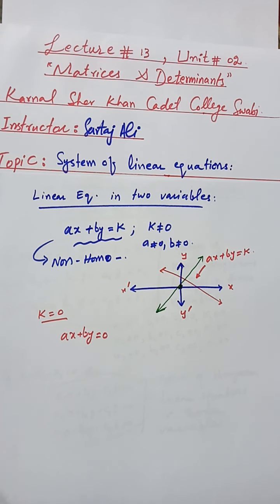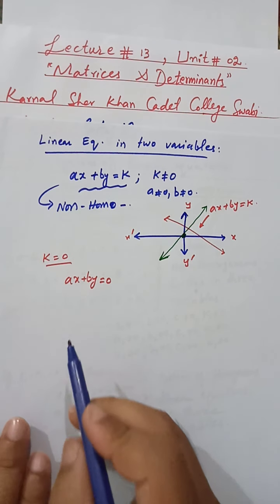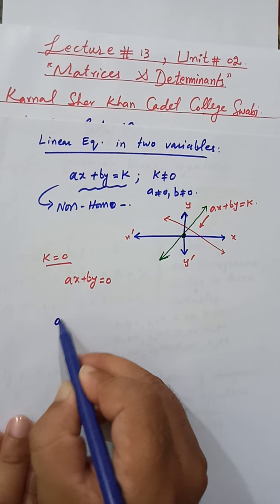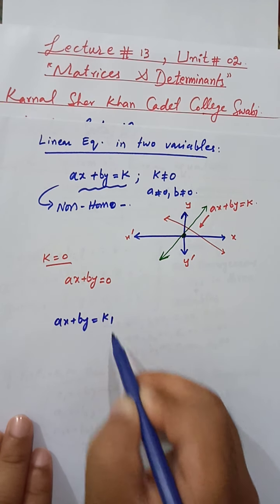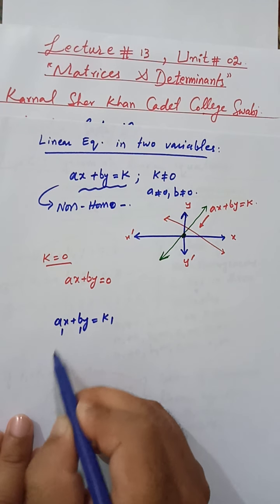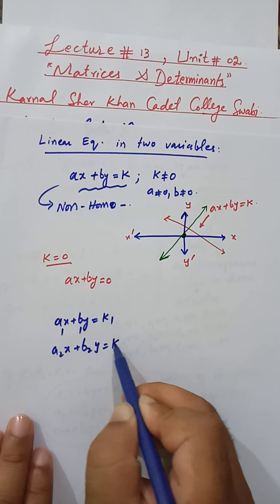Now if I write two non-homogeneous linear equations combined, that becomes a system. Let's say this is a1, b1, k1, and this is a2, b2, k2.